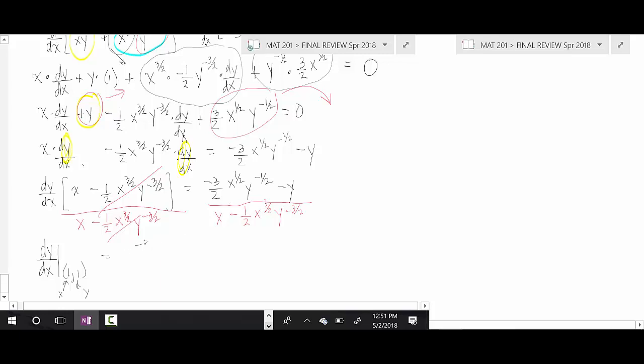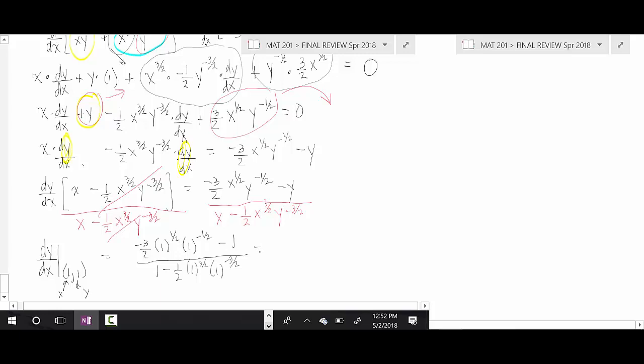So you'd have negative 3/2 times 1 to the 1/2 times 1 to the negative 1/2 minus 1. And at the bottom, you have x, which is 1, minus 1/2, 1 to the 3/2, and then 1 to the negative 3/2.